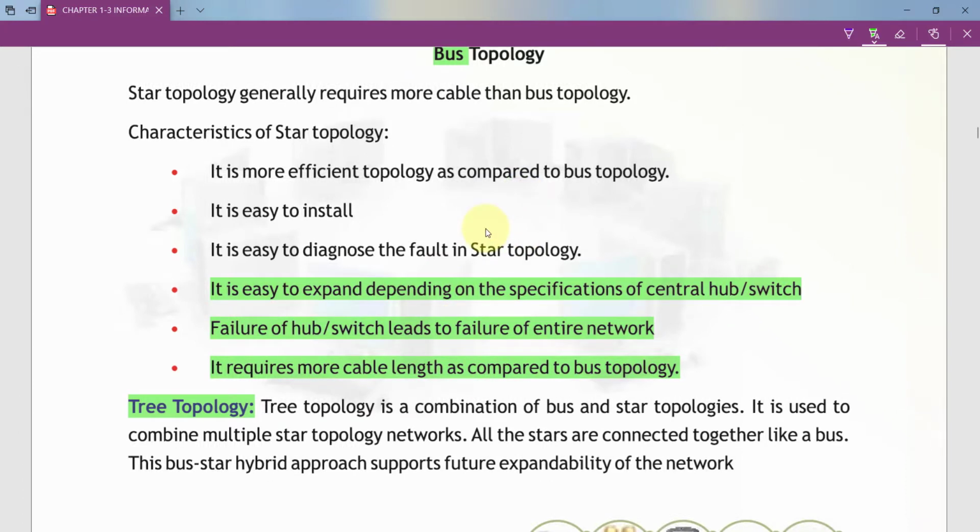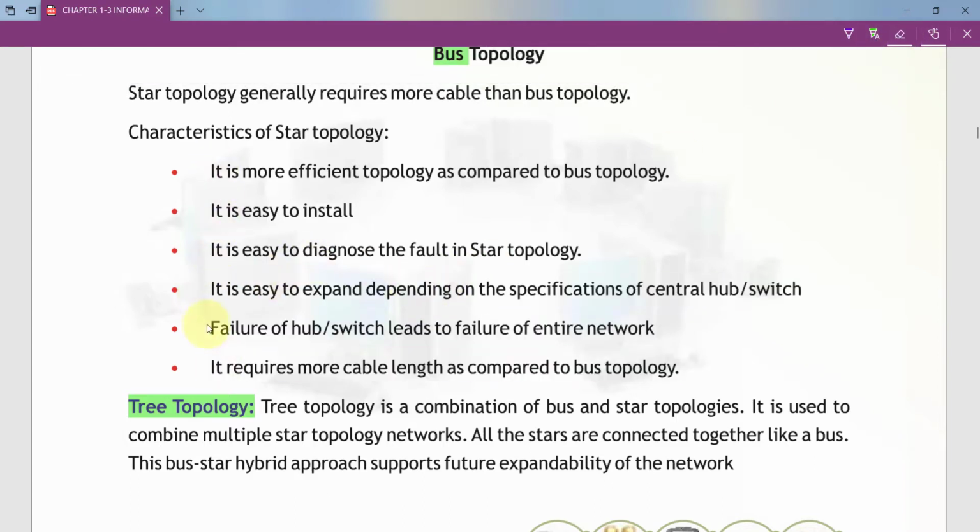So it is more costly compared to bus topology. Clear? So you will note these down into the disadvantages. These are the advantages and this comes under the disadvantages. Okay students, and you also note down one more disadvantage. It is more expensive compared to bus topology.